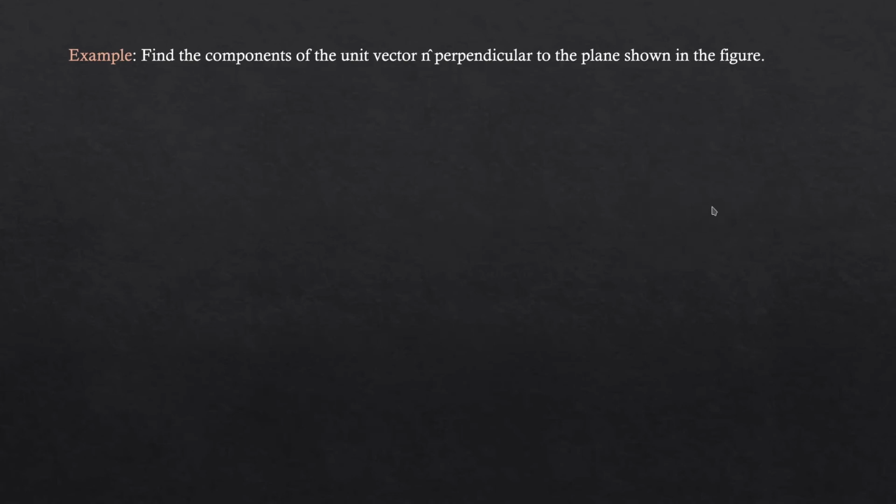Okay, so our next example is to find the component of unit vector n cap perpendicular to the plane shown in the figure. So let me first draw the figure. Let me draw the coordinate axes x, y, z, and this is the plane formed by that.